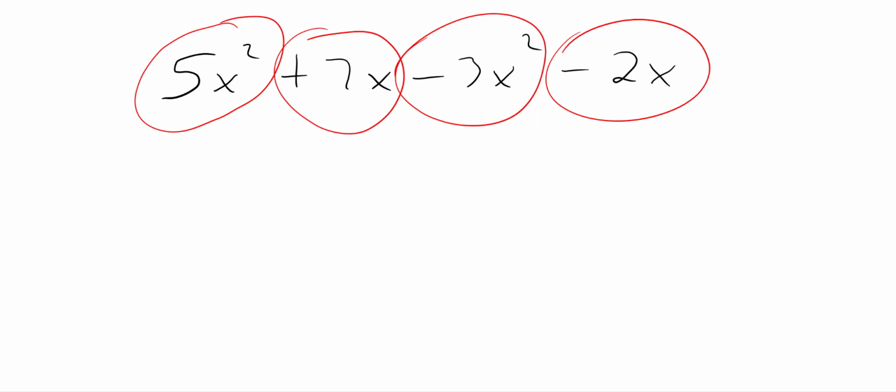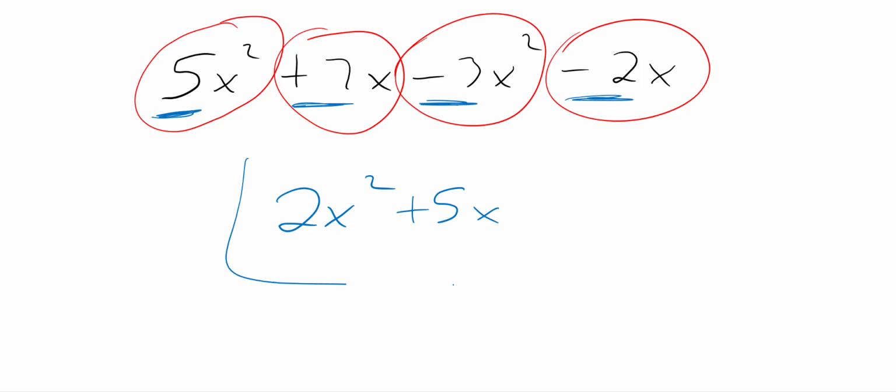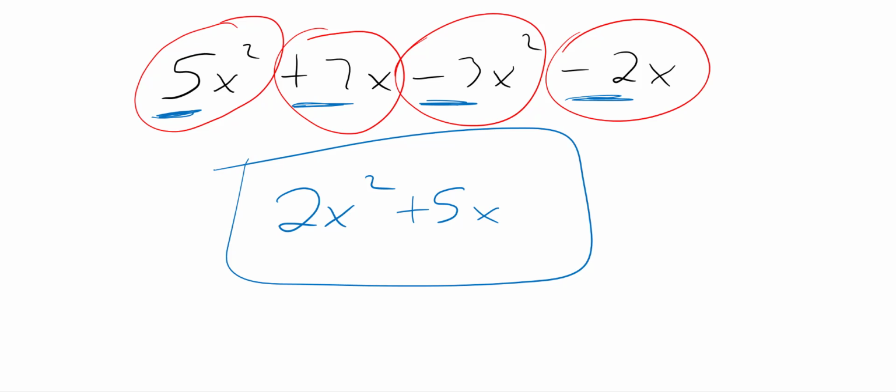You can use your calculator here, because you really have a 5x squared minus a 3x squared. So 5 minus 3 is 2x squared, and then you should have 7 minus 2, which is 5. And that's the answer to that problem: 2x squared plus 5x.